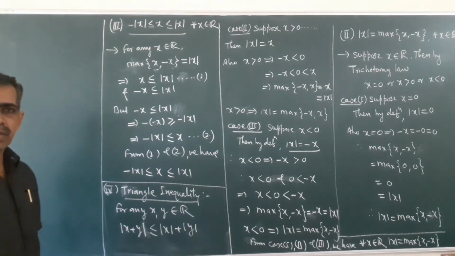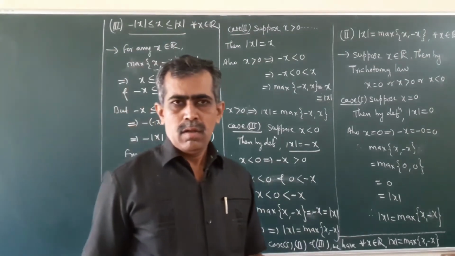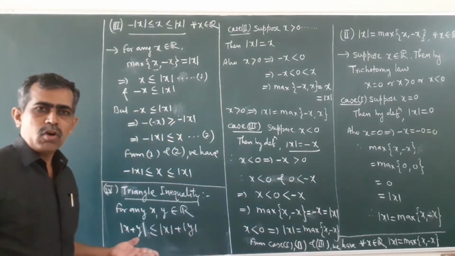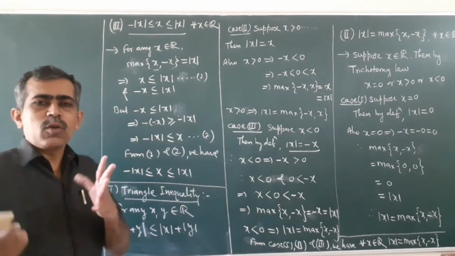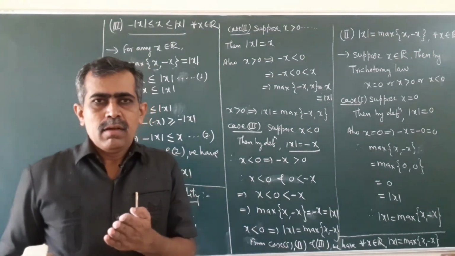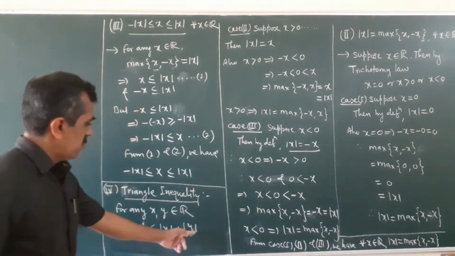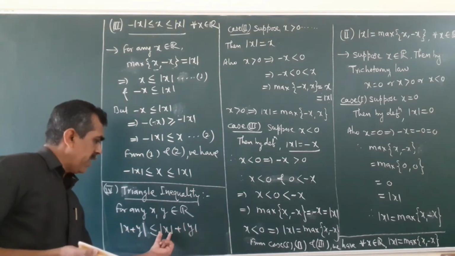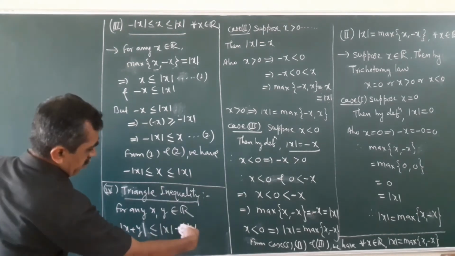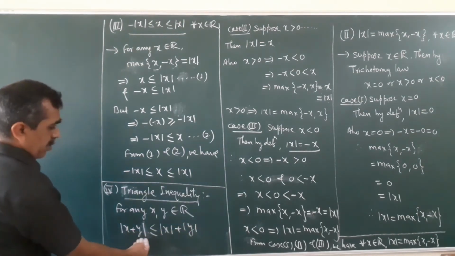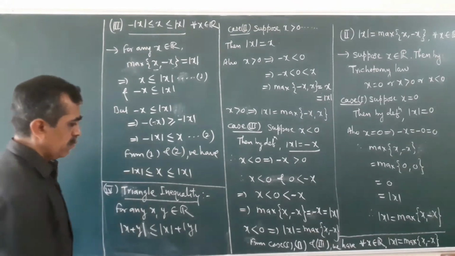Triangle inequality. If you represent the three sides of a triangle by mod x, mod y and mod of x plus y, then what we know is the sum of the lengths of any two sides of a triangle is always greater than or equal to the length of the third side.